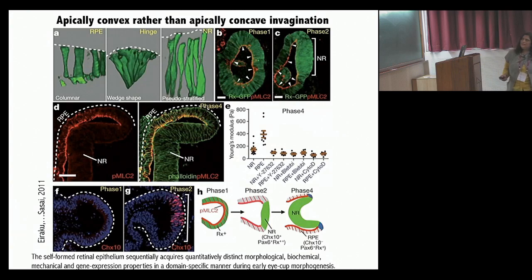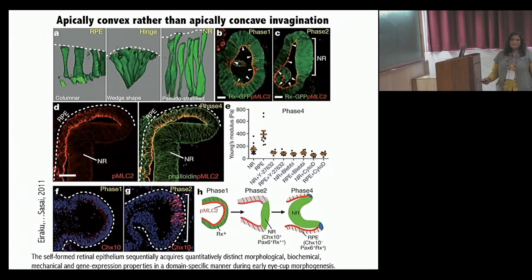But surprisingly, I told you that morphologically the structure looks like what happens during ventral furrow formation. But what they found was that if you look at this two-layered cup, all of the phosphorylated myosin that indicates active contractility is located here, but there's nothing in this part that's actually formed this cup, right?